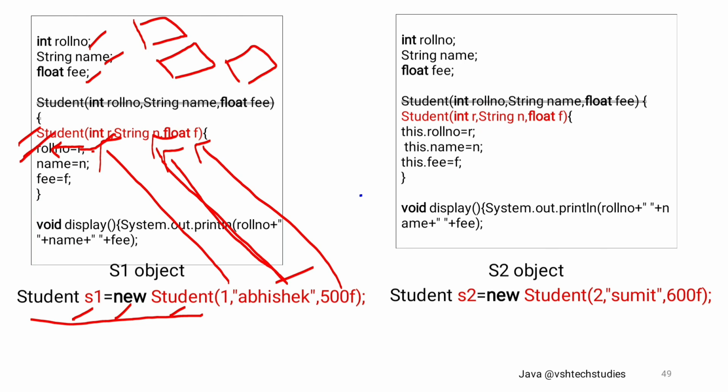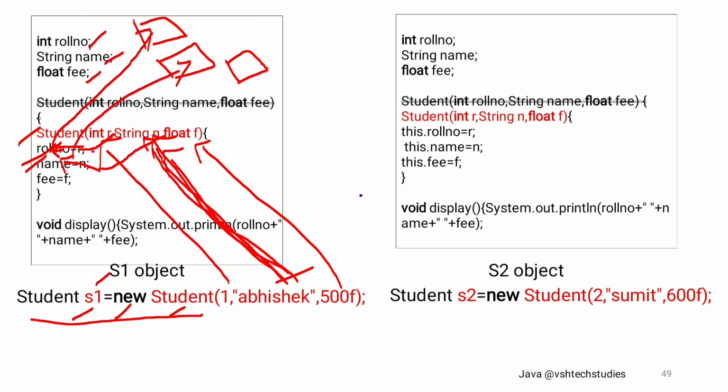So when this is executed, this 1 is copied into the roll number data field. Then Abhishek, which was copied in N, so when name equal to N is executed, that N gets assigned to the name data field. So Abhishek is stored here, and 1 was stored there. Then 500 is copied into the formal parameter F. When fee equal to F is executed, this 500 gets assigned to fee, so the fee data field also will have 500.